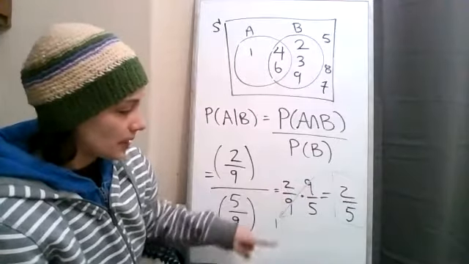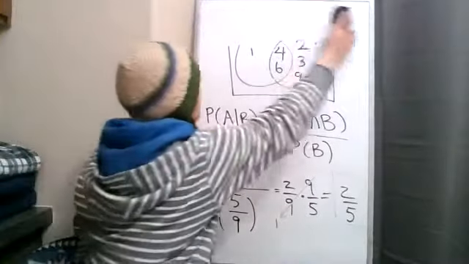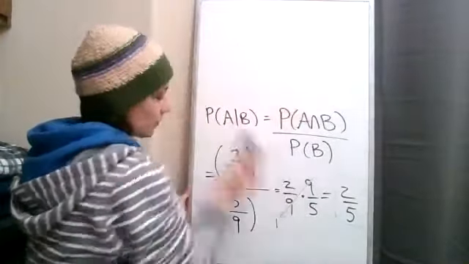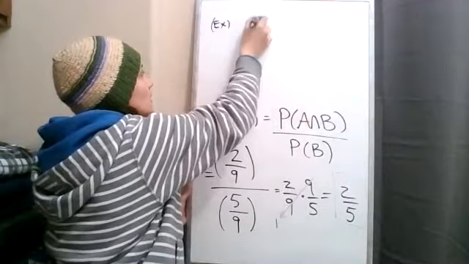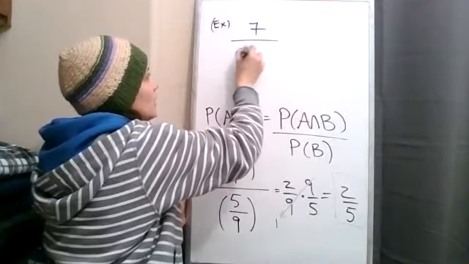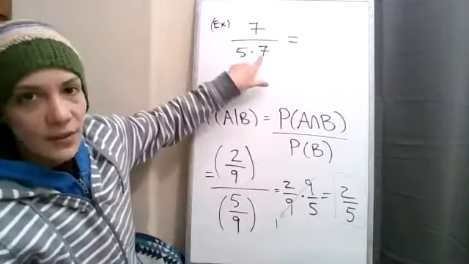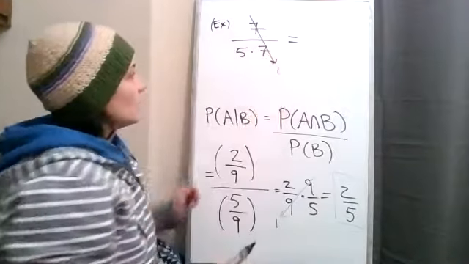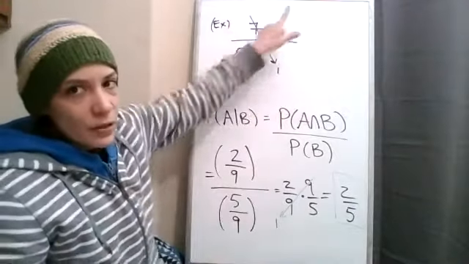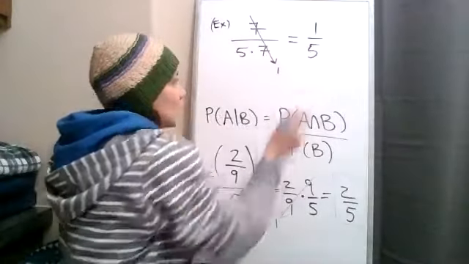Let's say if you have 7 over 5 times 7. 7 over 7 equals 1. And then you still have a 5 here, so 1 over 5. Oh, okay, thank you.